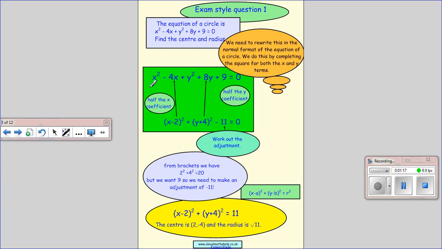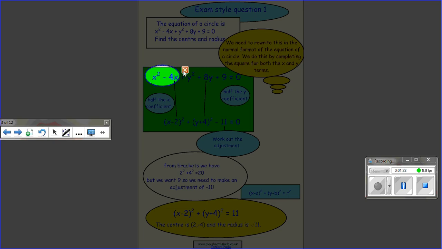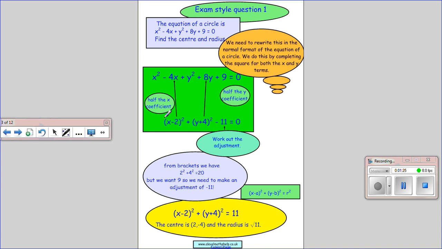You should watch that. But let's start by just looking at the x squared and minus 4x part. Instead of writing it like that, we write a bracket, all squared, with x, and then half of the x coefficient. So half of minus 4 gives me minus 2.